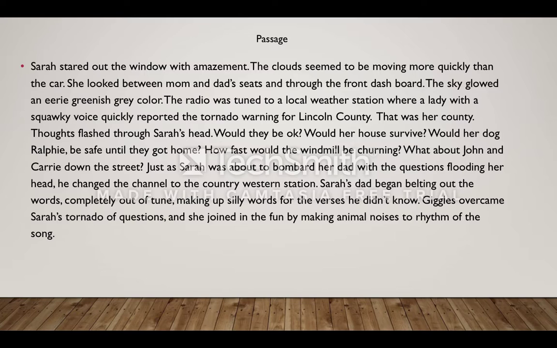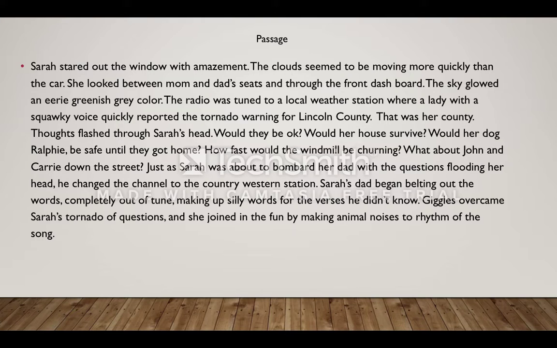Sarah stared out the window with amazement. The clouds seemed to be moving more quickly than the car. She looked between Mom and Dad's seats and through the front dashboard. The sky glowed an eerie greenish-gray color. The radio was turned to a local weather station where a lady with a squawky voice quickly reported the tornado warning for Lincoln County. That was her county. Thoughts flashed through Sarah's head. Would they be okay? Would her house survive? Would her dog, Ralphie, be safe until they got home?